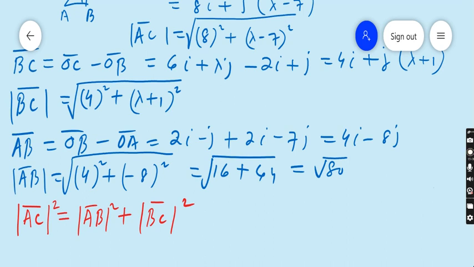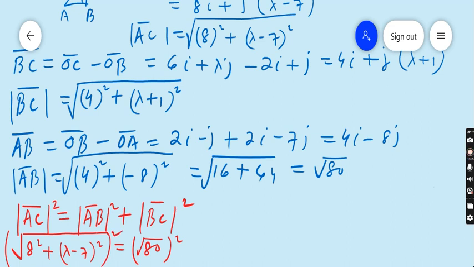AC magnitude we have found, square root of 8 square plus lambda minus 7 square. AB magnitude we have found, square root of 80, squared. Sorry, I forgot to put the square on the left hand side. BC magnitude is the square root of 4 square plus lambda plus 1 square, and whole square. This is Pythagoras theorem.